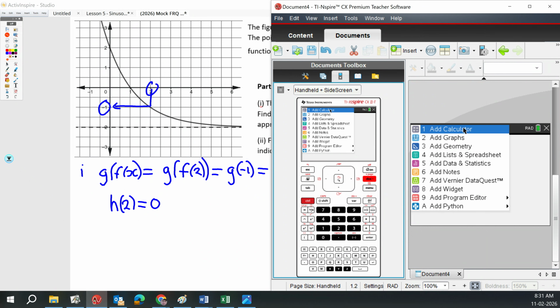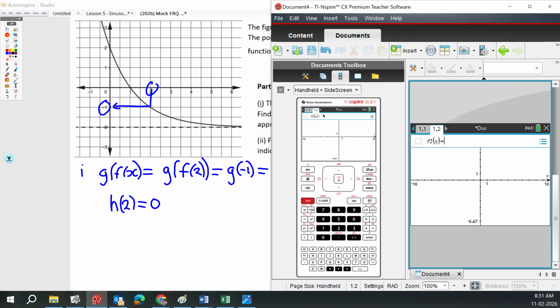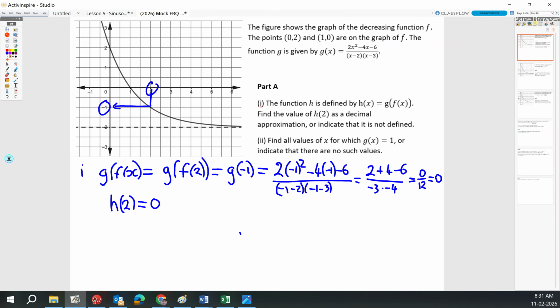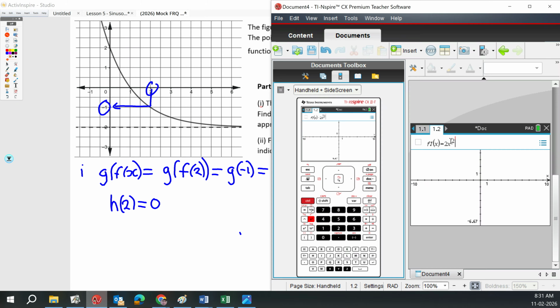The function was 2x squared minus 4x minus 6. Oops. 2x squared minus 4x minus 6.